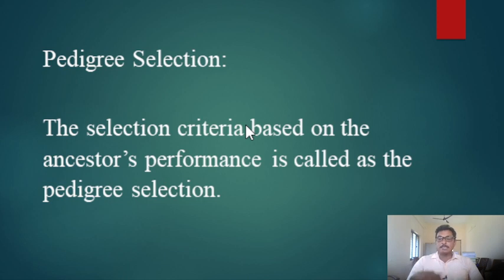That is a very important criterion in the genetical material. We have to know about the high yielding capacity of that generation. For that purpose, this selection is very essential. That is the pedigree selection.